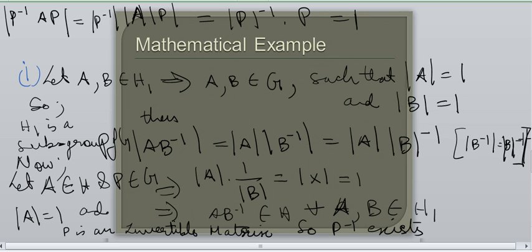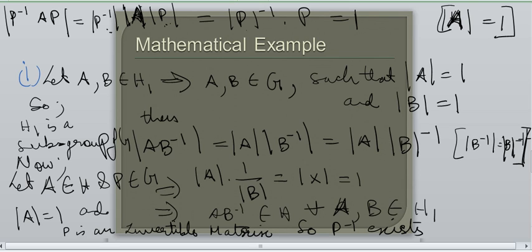Why didn't I write the A? Because the determinant of A is equal to 1, so there is no need to write a 1 over here. Now P and P inverse are left, so when you multiply them, it becomes 1.